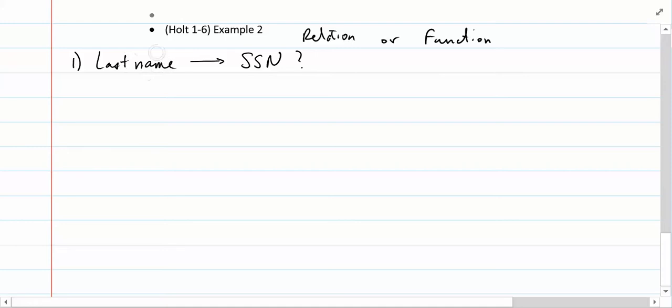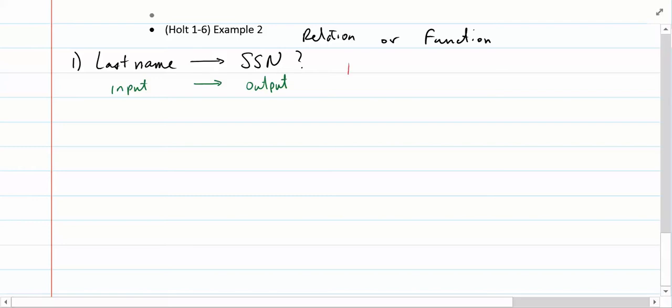If you think of all the last names that you might know or that might exist in the United States, does each last name apply directly to one social security number? Does each input have exactly one output value?